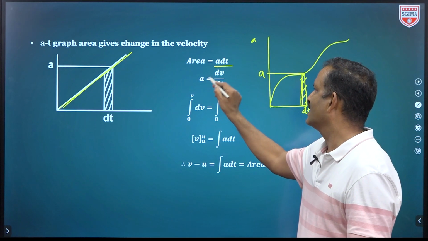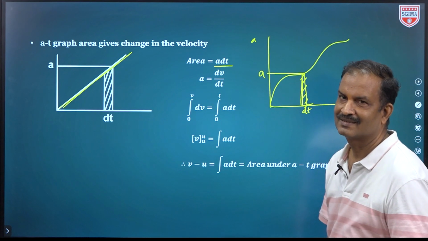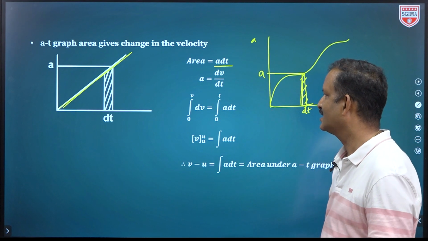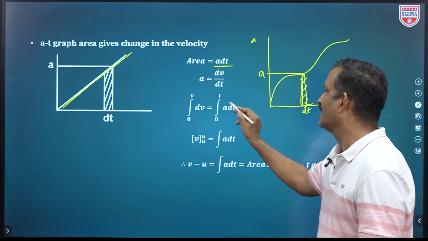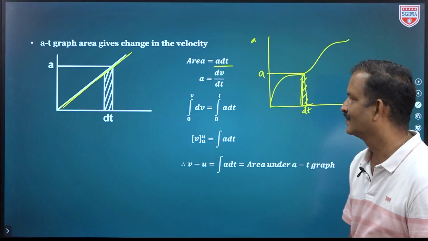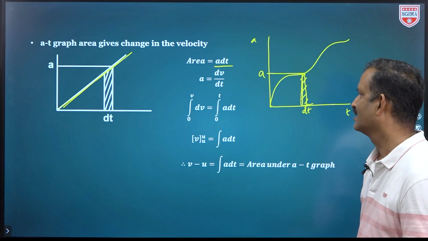But we know that a is equal to dv by dt, the rate of change in the velocity. So, dv is equal to a dt.